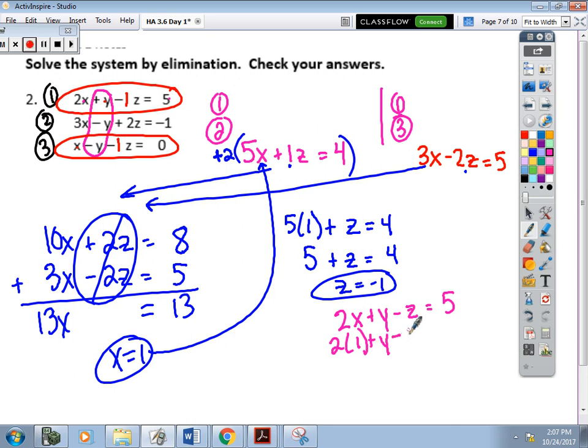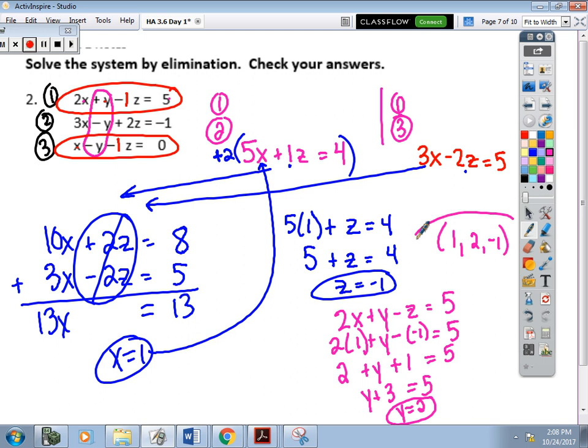Now be careful, this is minus z, so that's minus a negative 1, which we know will turn to a positive, right? So we'll have 2 plus y plus 1 equals 5. Y plus 3 equals 5. Y is 2. Make sure you don't do all that work and then put them in the wrong order. X, then y, then z. 1, 2, negative 1.